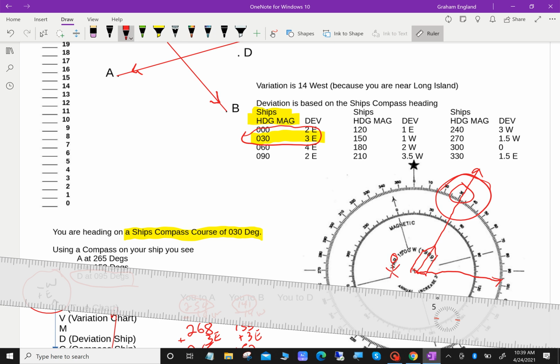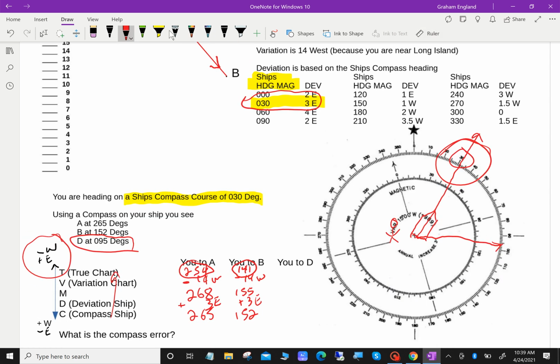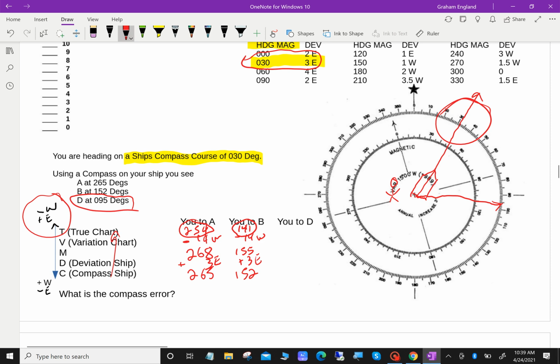Again, we did not move our ship. Our boat is still pointed at 30. So our deviation is still going to be 3 east. So 95 is what we measured on our compass, and we got to convert that to true to draw it on the chart. So it'd be 3 east.